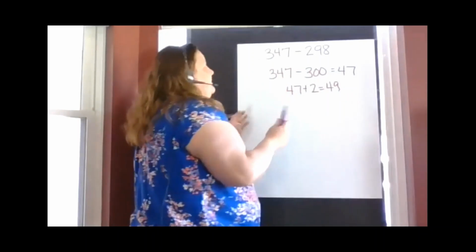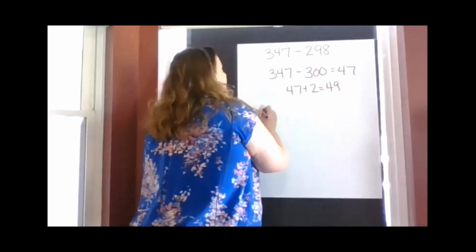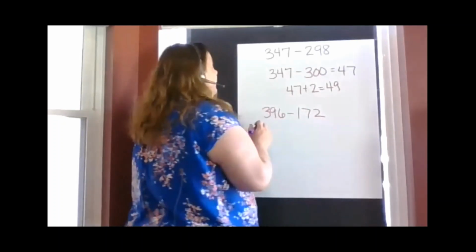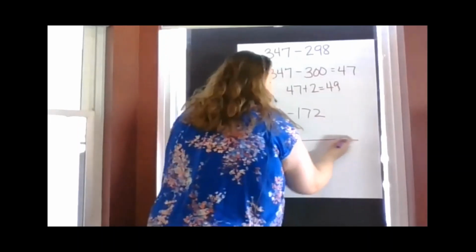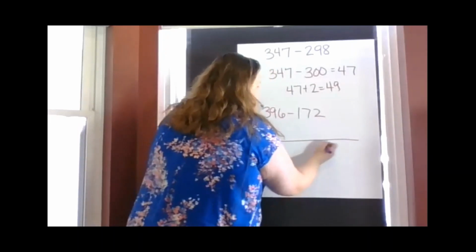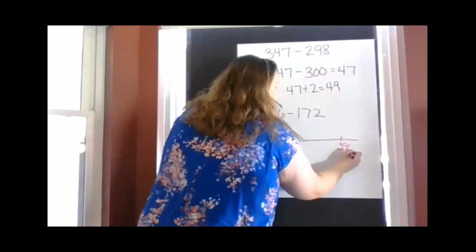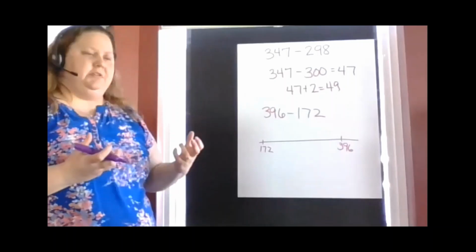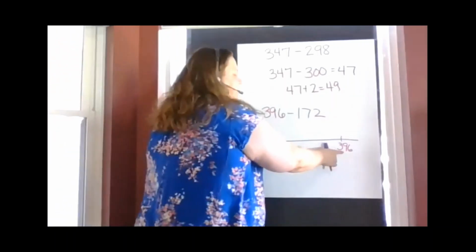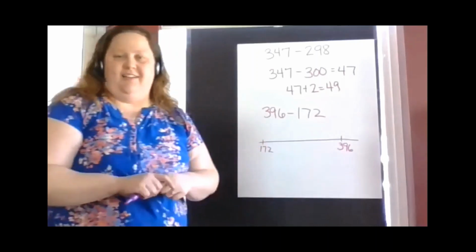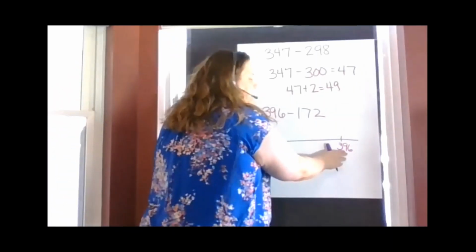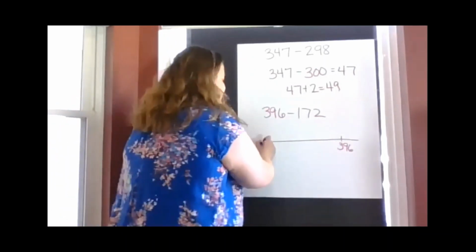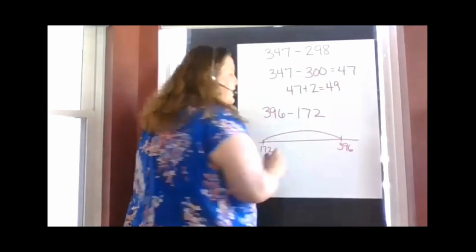They might also use something like a give and take. If I'm looking at 396 minus 172, I'm going to start with this number line, and I'm going to say, okay, 172 to 396. I don't like those numbers. They're not easy numbers to use. So I know that 396 is really close to 400. So if I add 4 to 396, now remember we're talking about a distance, and we want the distance from here to here.